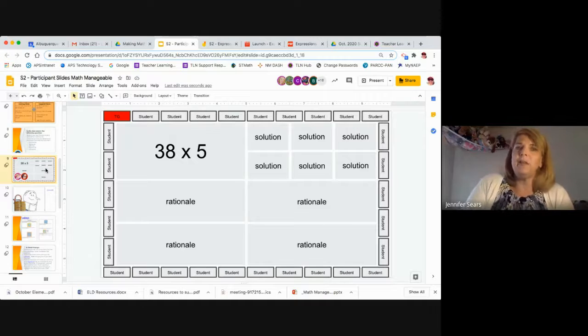But a number talk that you do through remote learning is very similar to what you would do in real life. You have a teacher who would assign an expression or a problem to students. The students would be solving it mentally, and they would also indicate how many strategies they have to solve that problem.